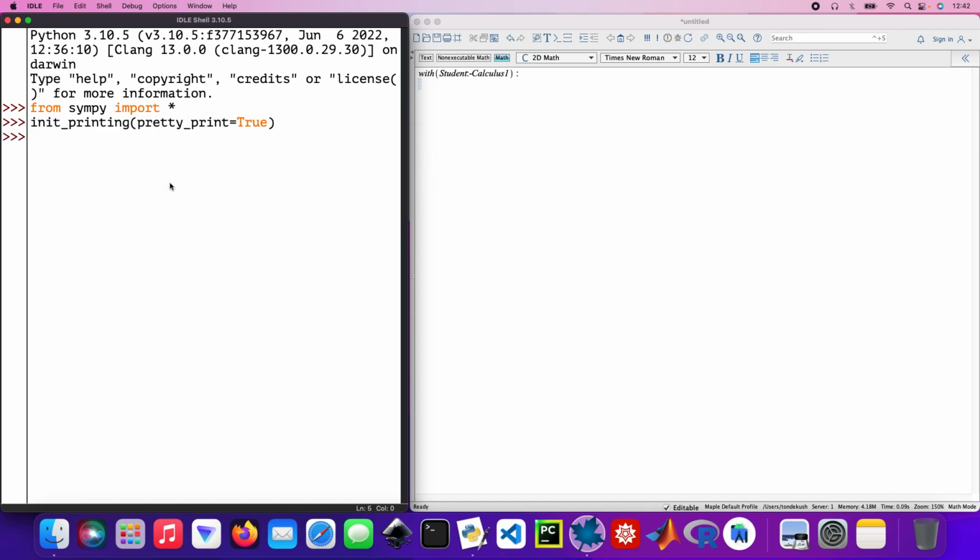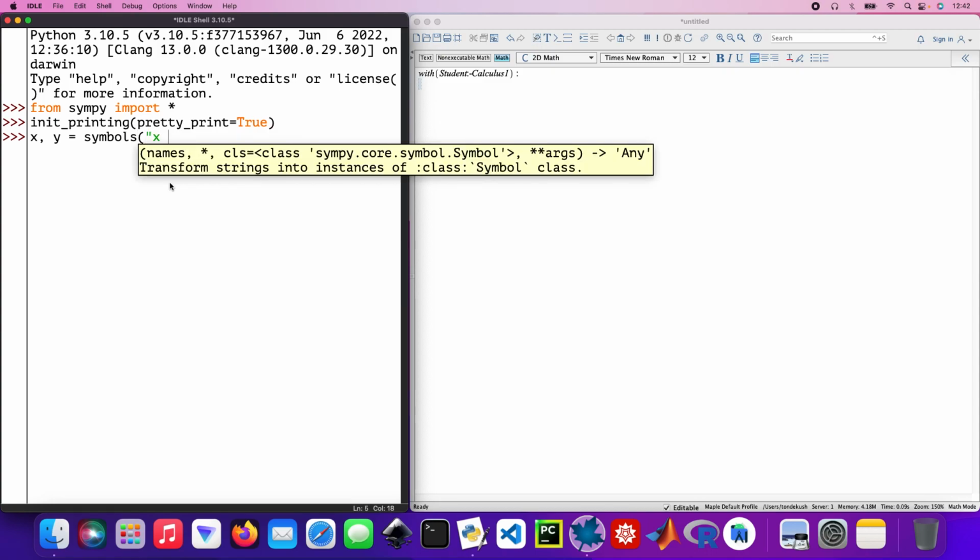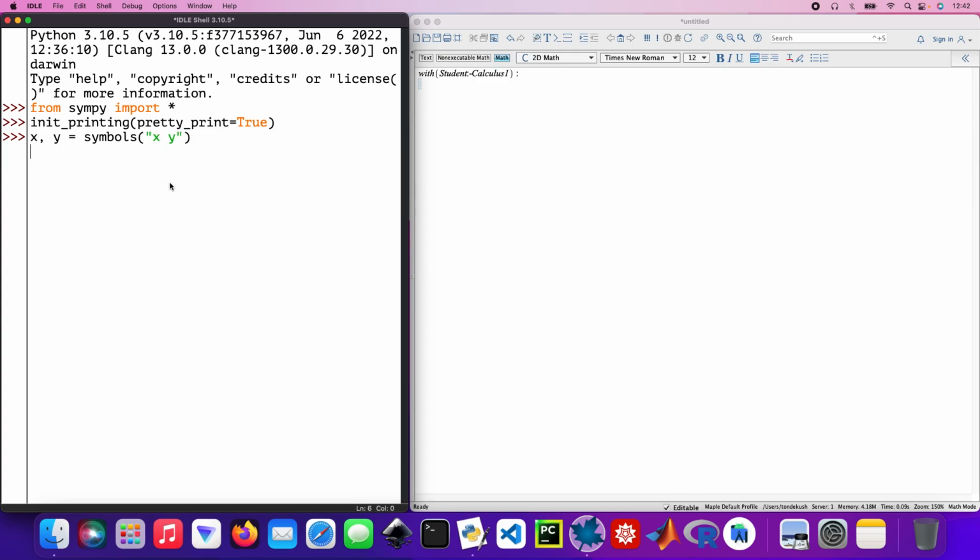And then my symbols that I'm going to use, x and y equals symbols x, y.